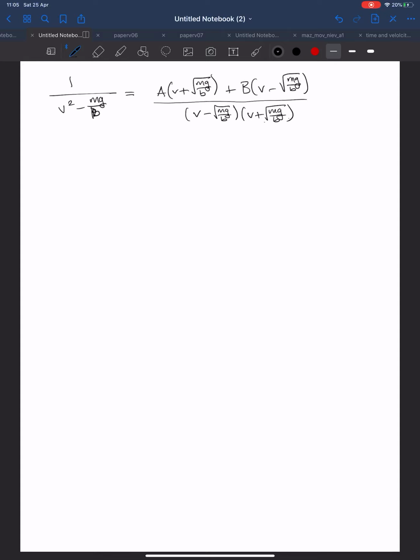So I'm not going to bother rewriting this, but comparing numerators, what we have is the equation like this. As I said, you can expand and compare coefficients of what's on the left with what's on the right.